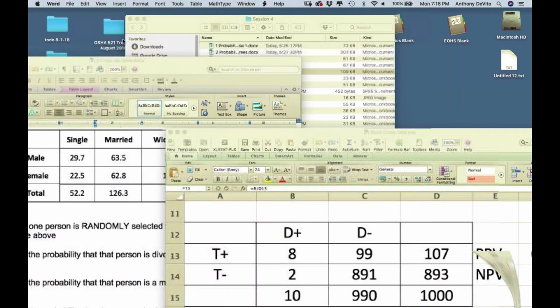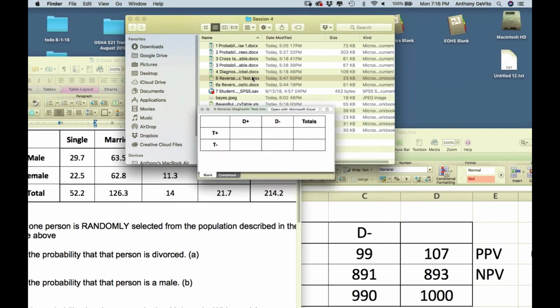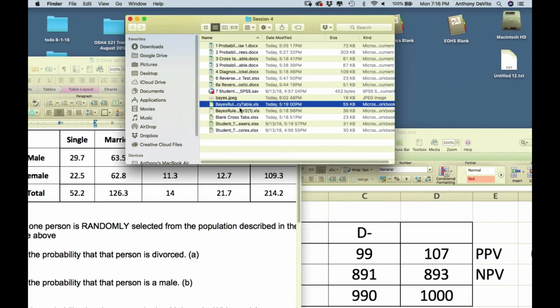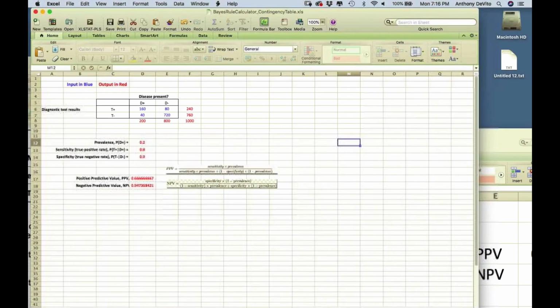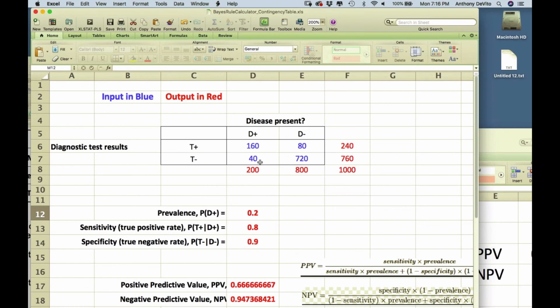I'm going to close this. I'm going to go back here. Let's see. Okay, here we go. This is calculating it all.